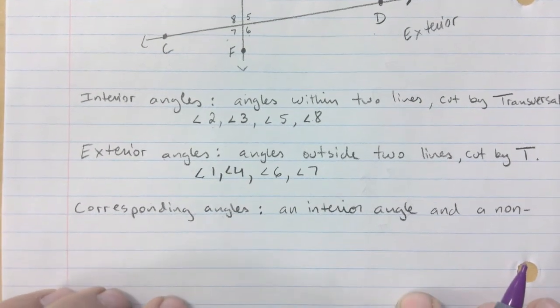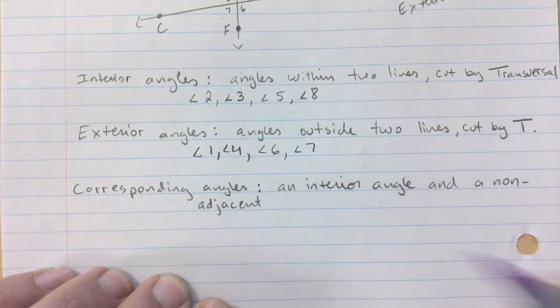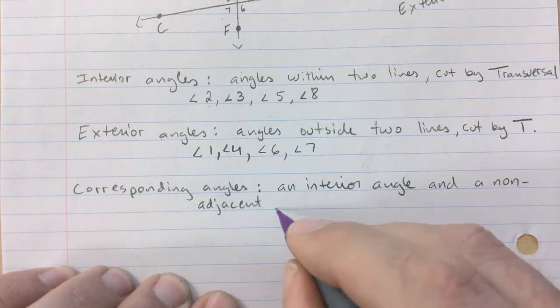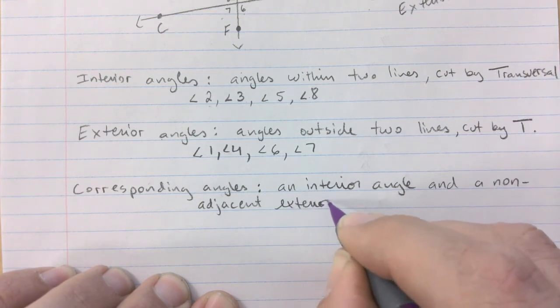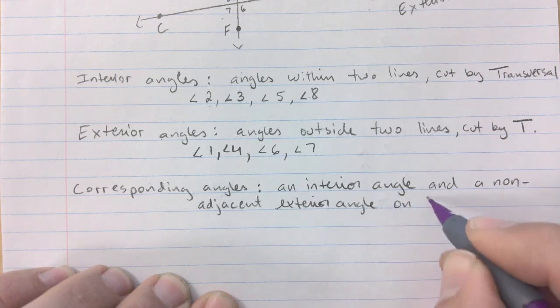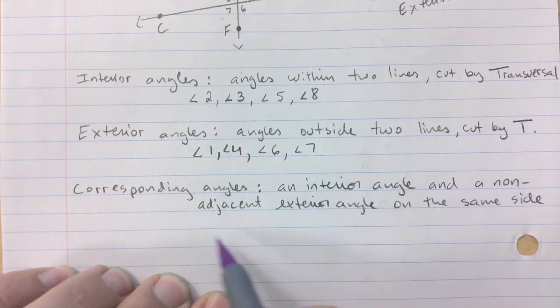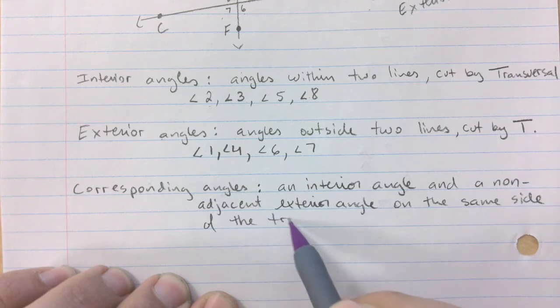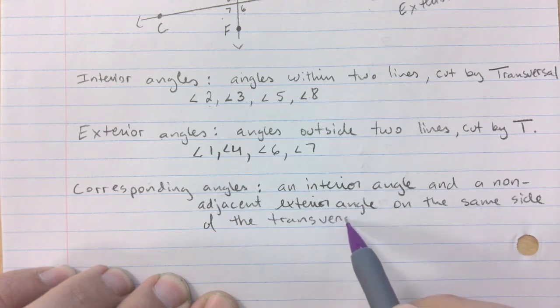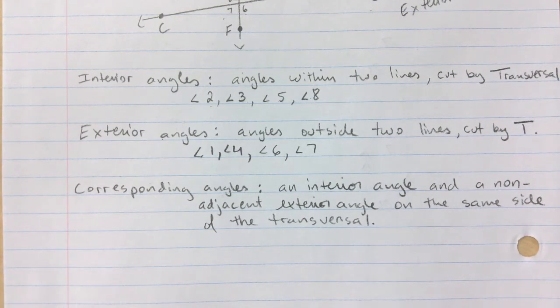An interior angle and a non-adjacent exterior angle on the same side of the transversal. An interior angle and a non-adjacent exterior angle on the same side of the transversal.